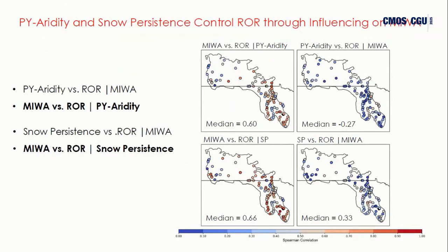But when we adjust for the effect of previous year aridity, the partial correlation between inundation and runoff ratio does not drop that much. The same pattern happens for snow persistence, and all of them together show that previous year aridity and snow persistence control runoff generation in the prairie plateau region by influencing inundation of the catchments.